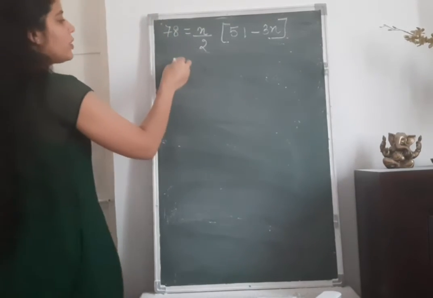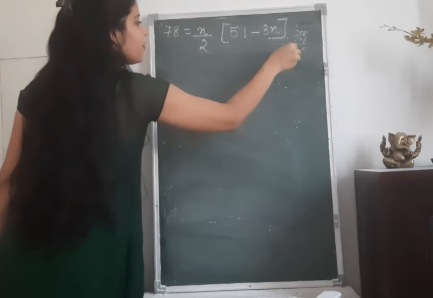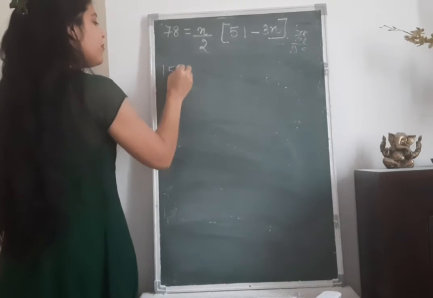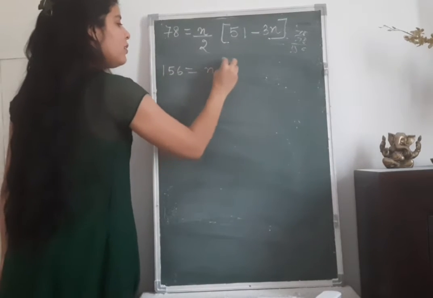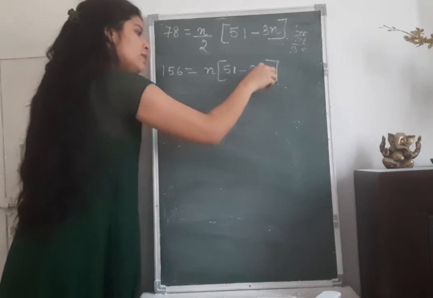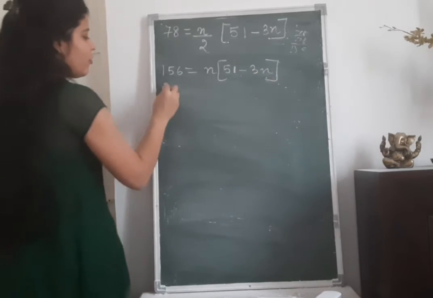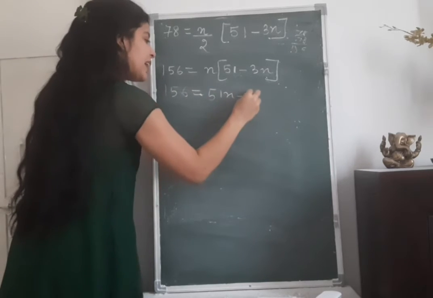Let's take this 2 to this side. 78 into 2 is 156, because I am multiplying this 2 with 78, equal to n into 51 minus 3n. So 156 is equal to 51n minus 3n square.